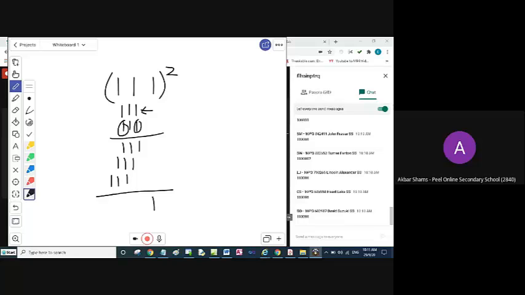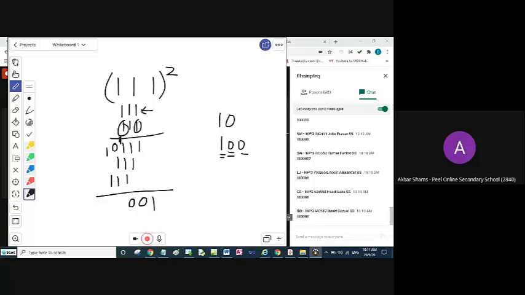1 comes down. 1 plus 1 is 2. 2 in binary is 10. So 0 goes here, and then 1 is going to go as a carryover. 1 plus 1 plus 1 plus 1 is 4. 4 in binary is 100. This means 0 goes here, this 0. Then this 0 goes here, then this 1 goes to this column.